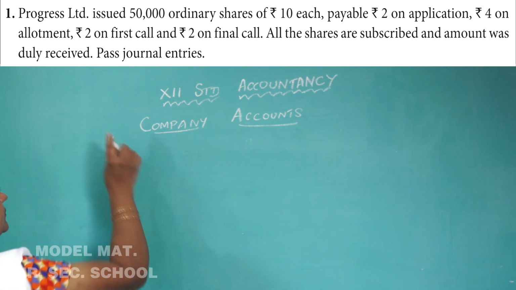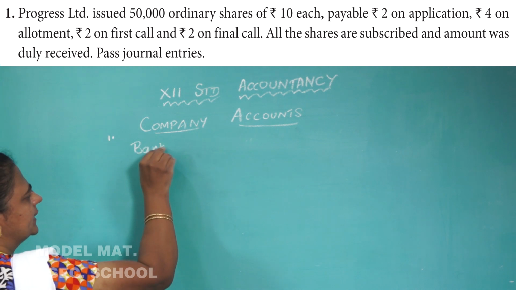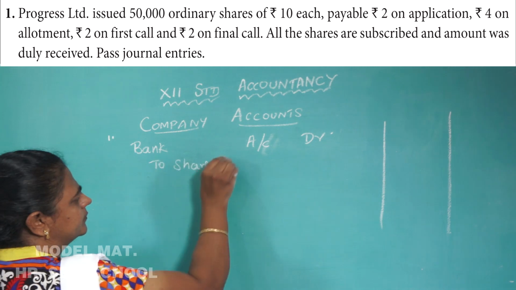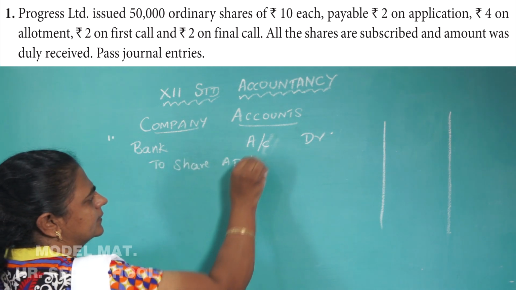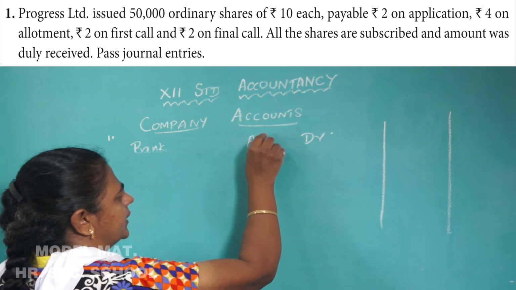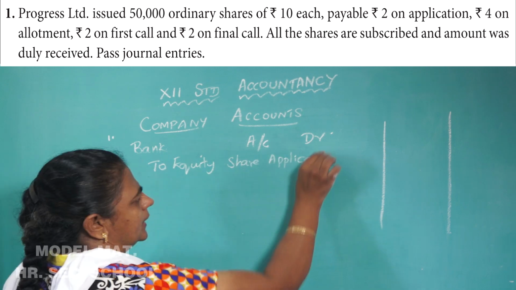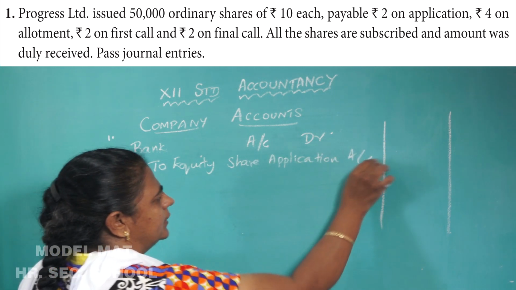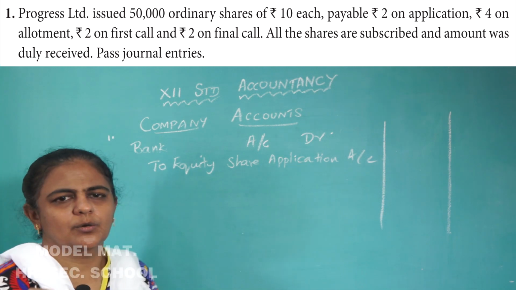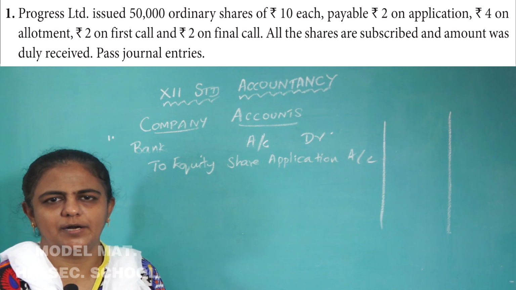Question number 1. The first entry is the receipt of application money: bank account debit to equity share application account. Now why am I writing the word equity here? Because the question says ordinary shares. What is the other name for equity shares? Ordinary shares.